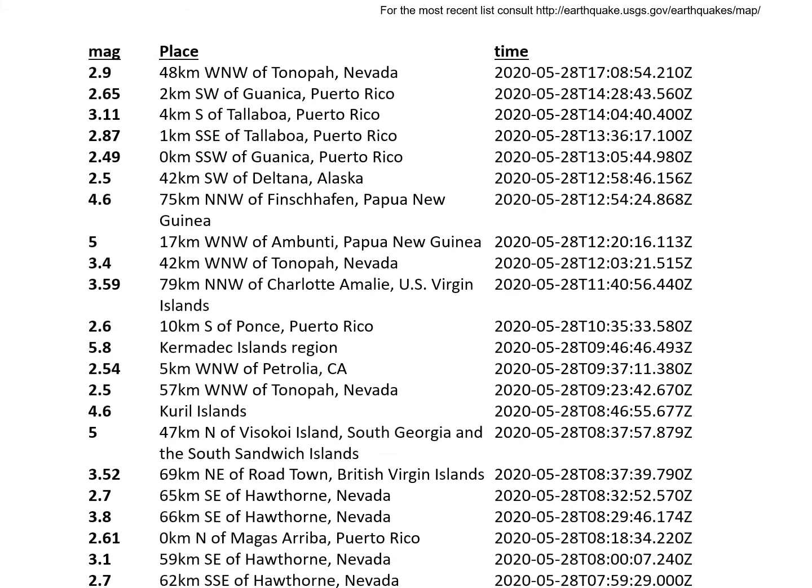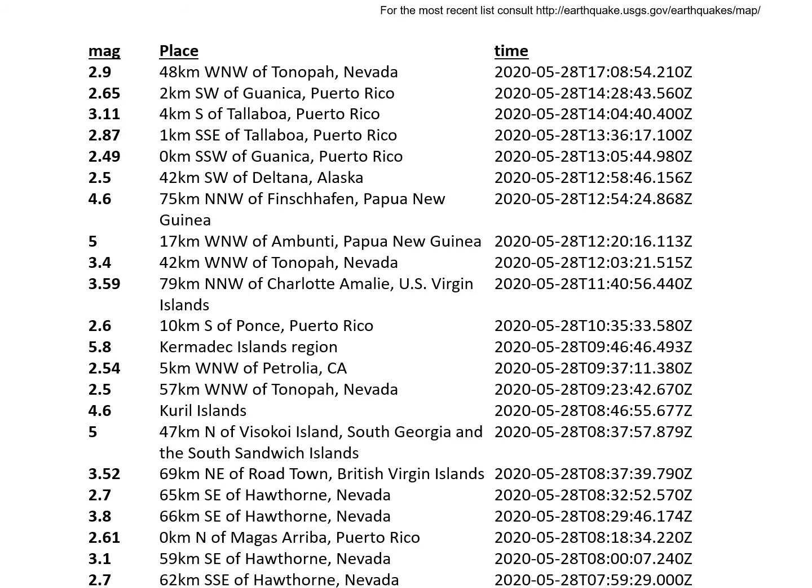Now here we're looking at a few of the earthquakes that have happened in just the last few hours. So this is as of Thursday morning, May 28th, and so you can see the universal time there. Yes, we see lots of small earthquakes. These are all the quakes around the world above a 2.5 in magnitude.